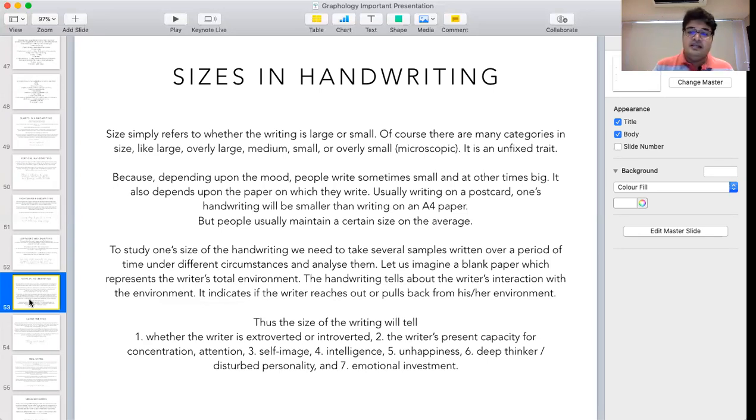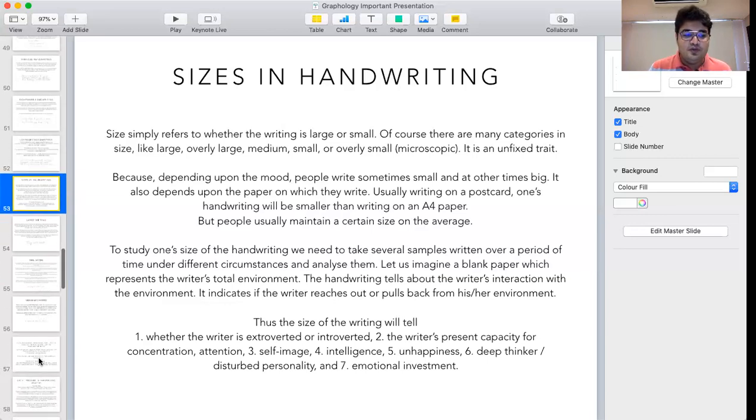How emotionally charged an individual is, or how emotionally ready a person is to invest or to express his or her emotions in any particular situation, is what we can come to know about the size of the writing. So let's look at a few of them.